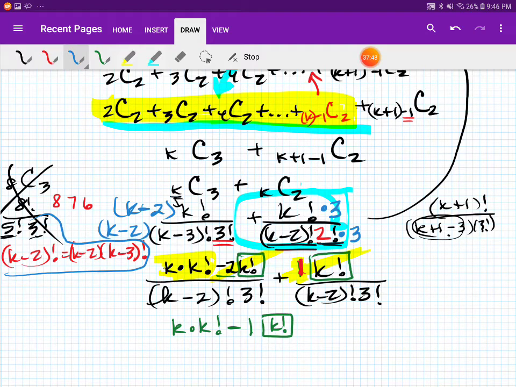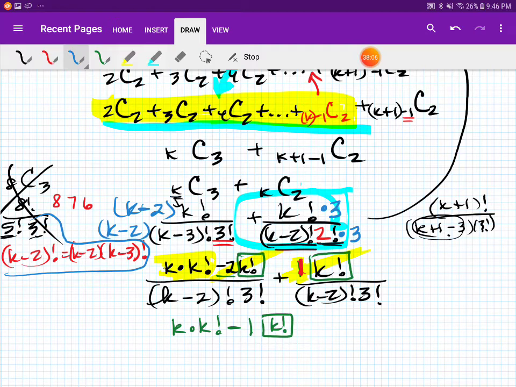Interesting. I do want it to be a 2. I want that to be a k minus 1. I really don't see where I went wrong. See, this is why I need you guys. So now it's a 3.